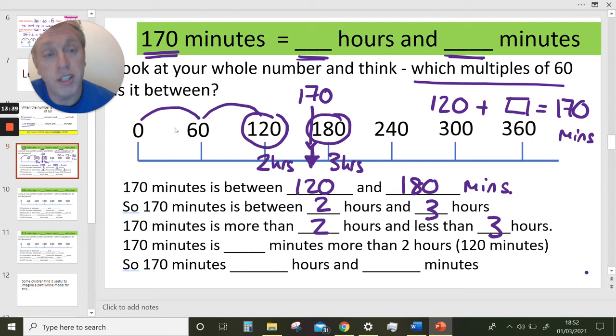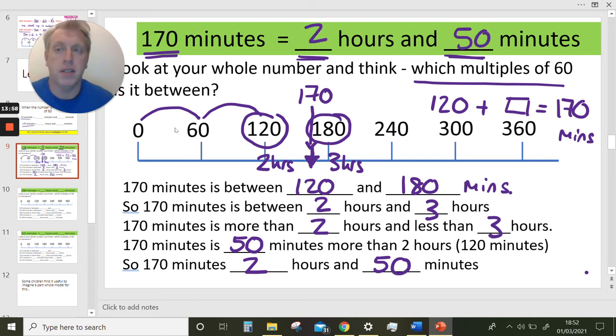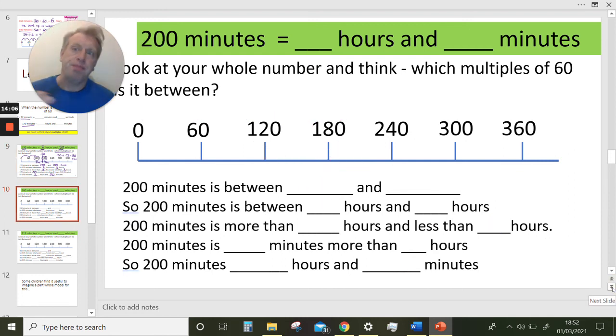If you do 170, take away 120, it's 50 minutes more than 2 hours. So 170 minutes is 2 hours and 50 minutes. Do you see? The important thing is to think, which multiples of 60 is it between?